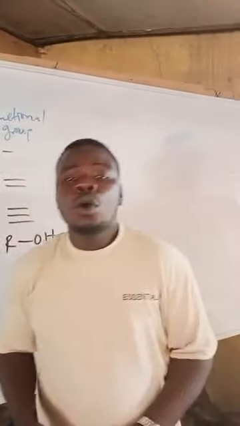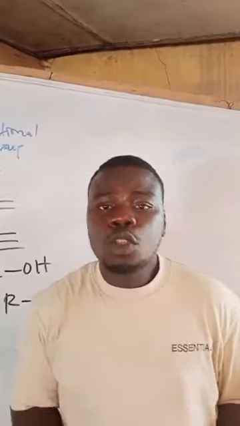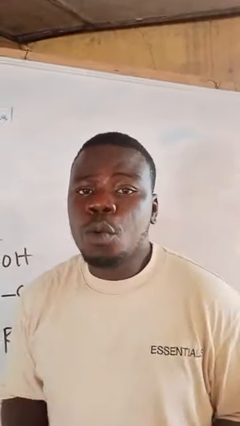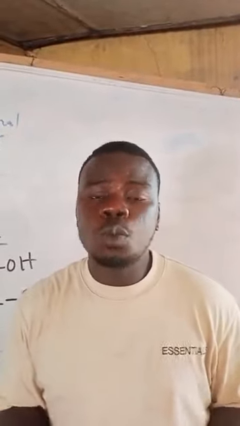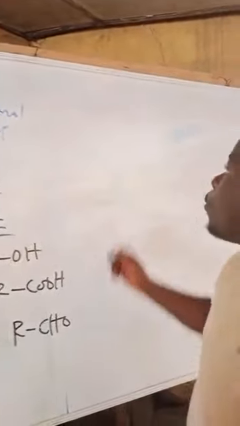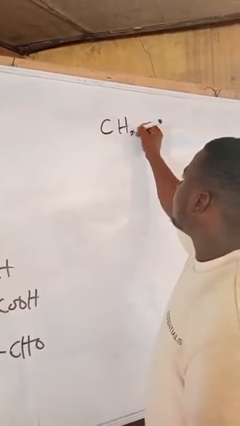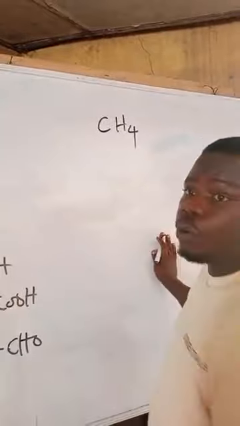Now, the other terminology I want to show you is an alkyl group. Take note, an alkyl group is formed when an alkane loses one hydrogen atom. I repeat, an alkyl group is formed when an alkane loses one hydrogen atom. For example, we have something like this. This is CH4, right?